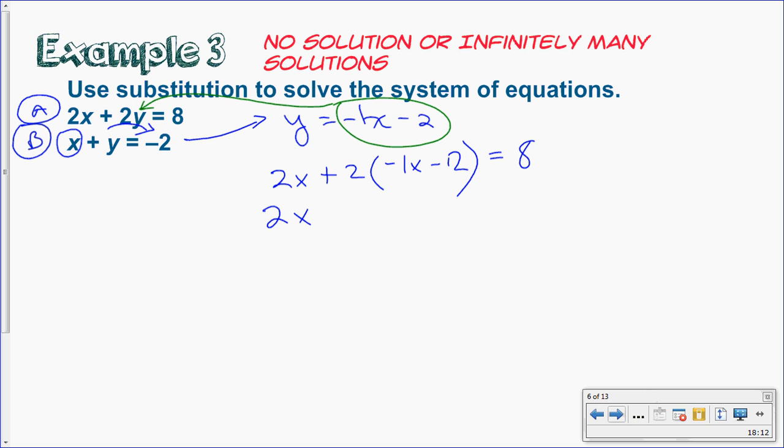Yeah, but can I say plus negative? Sorry, minus 2x? Negative 4. Yeah, -4, good. Now what?